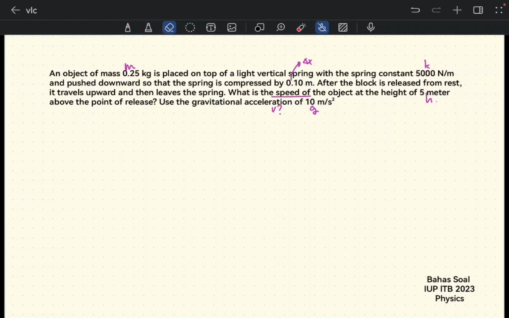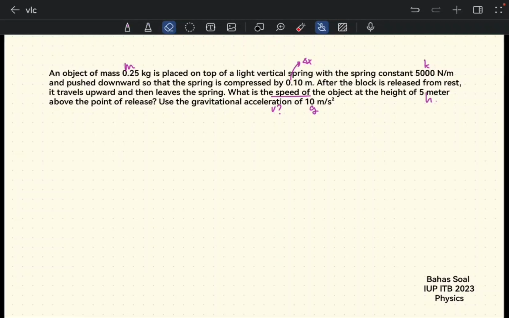So first of all, don't forget to write the symbol of each quantity. And I think we need to draw the diagram of motion. Here we have the spring, and above the spring we place the mass.